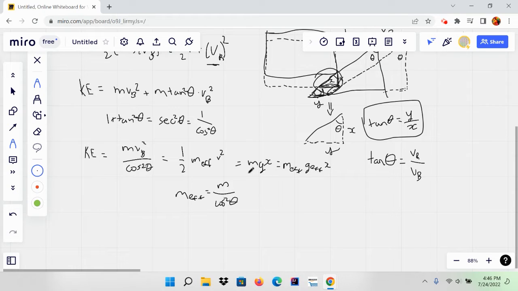And since m effective is equal to m over cosine squared theta, this means that your effective acceleration, g effective, is equal to g times cosine squared theta, in order for the cosine squared thetas to cancel out. So that's going to be your answer, g cosine squared theta.